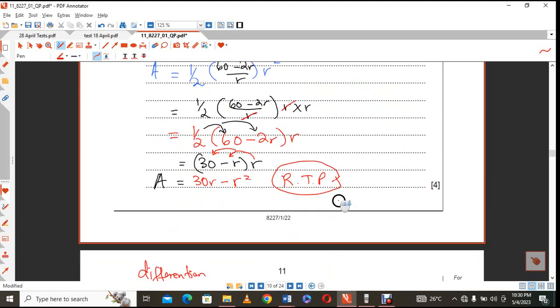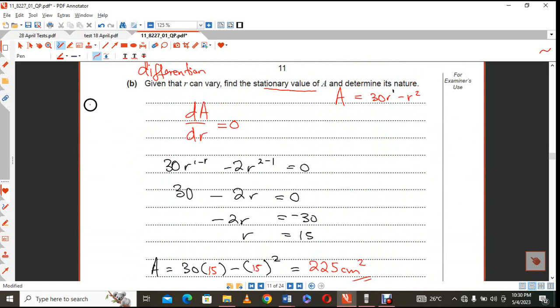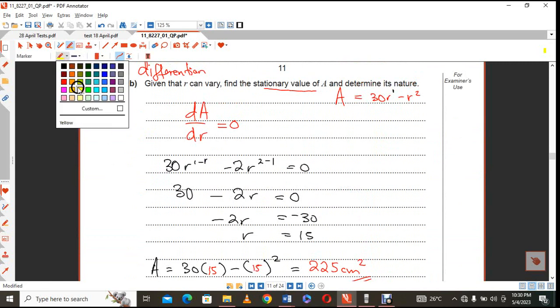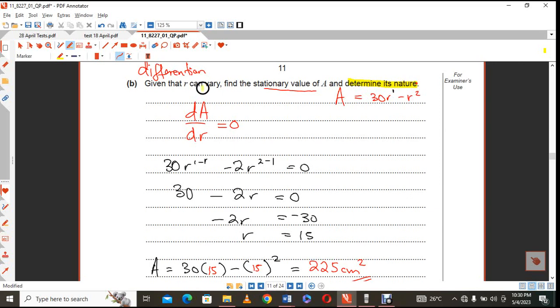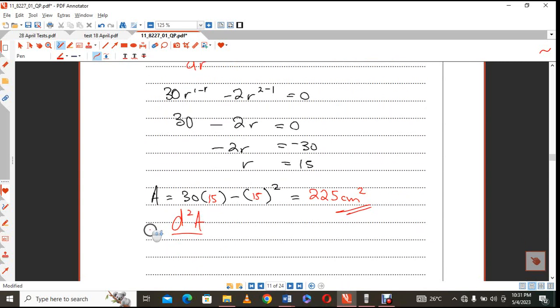But what they are also asking you here is they are saying we need to determine the nature of the roots. Now, in order for you to determine the nature of the roots, you have to determine whether it's a maximum or a minimum. So what you're going to do is take the second derivative of that function. So the second derivative of the area with respect to the radius squared, with respect to the radius, let me just write it at a proper place.